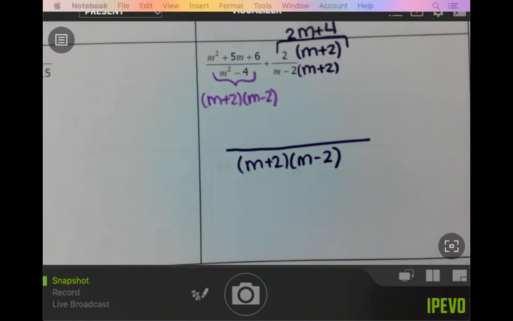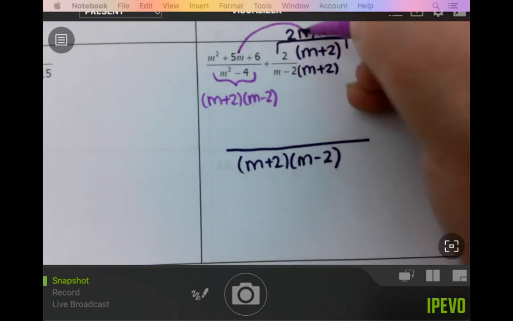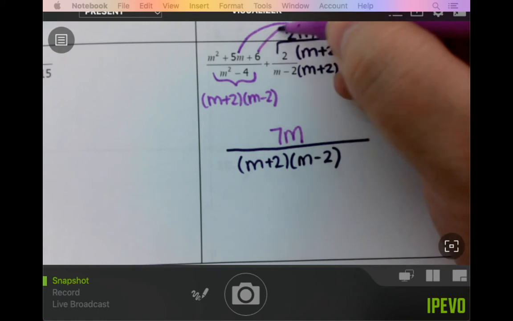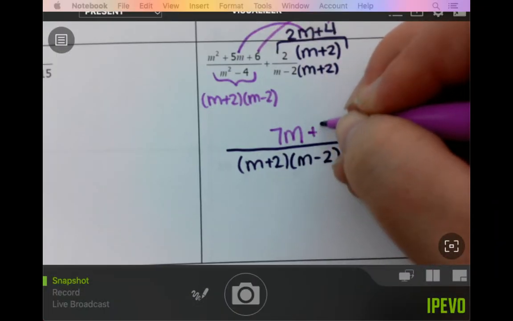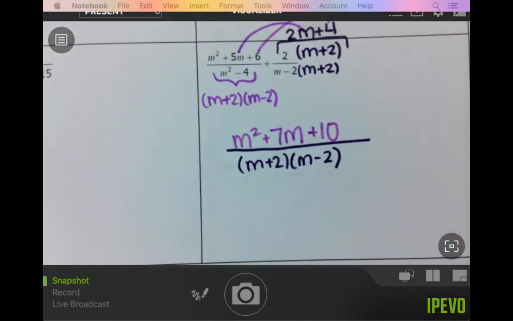And before I even write it down there, I'm going to go ahead and add together 2m and 5m, 4 and 6, and leave the m squared out front. If you can kind of think through the problem and solve a few steps like that without having to rewrite every little thing, it's going to make it feel easier to you.